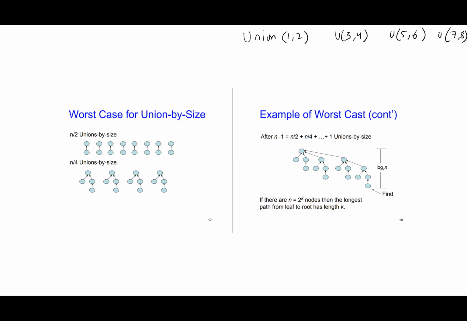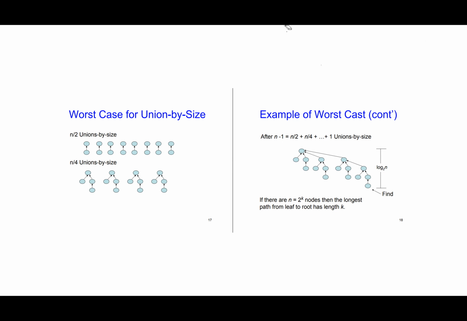And then we do union of, say, 1, 3, so we are actually slowing it down, then union of 5, 7, and finally union of, say, 1, 5. So that means the whole disjoint set becomes one set, but slowly, not sequentially.